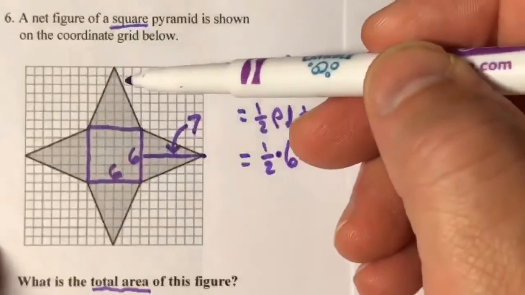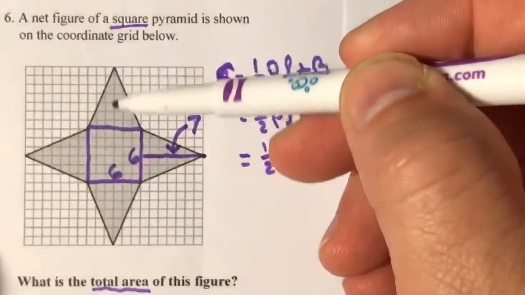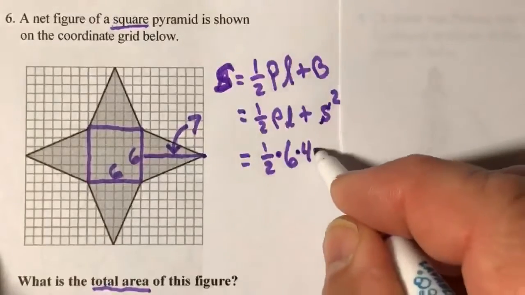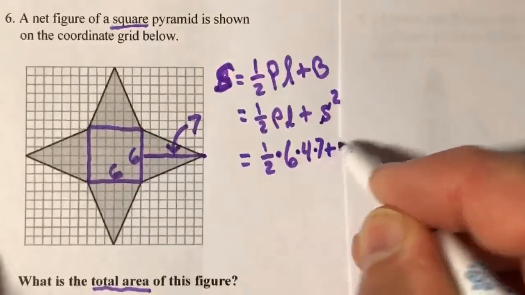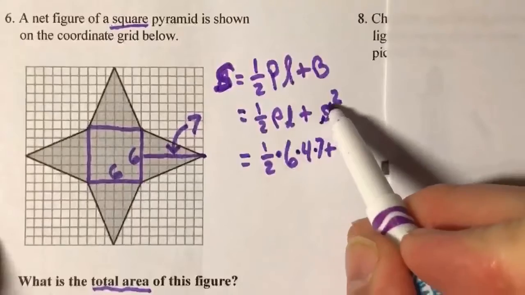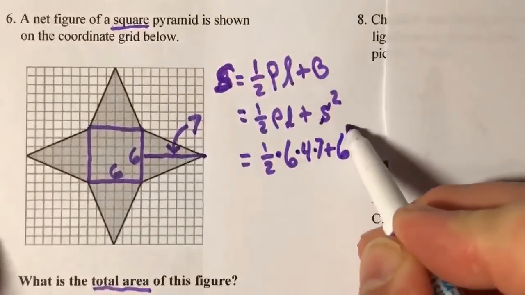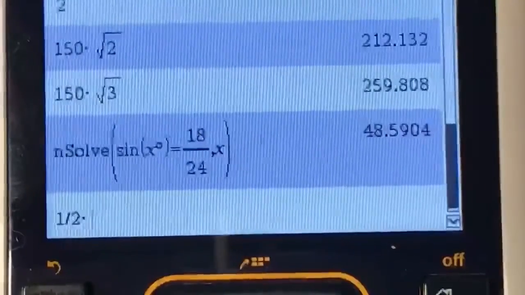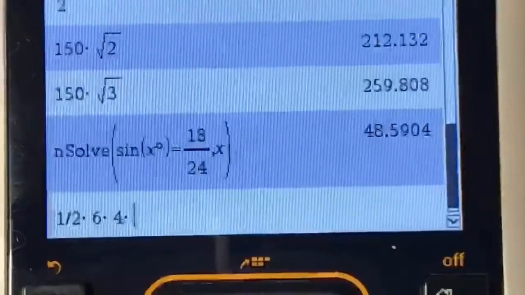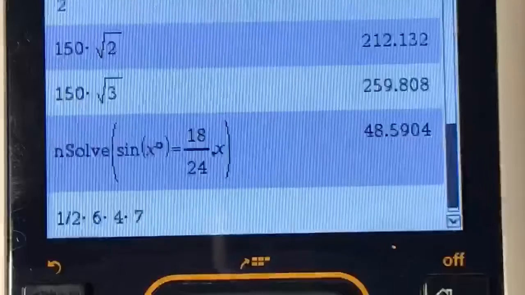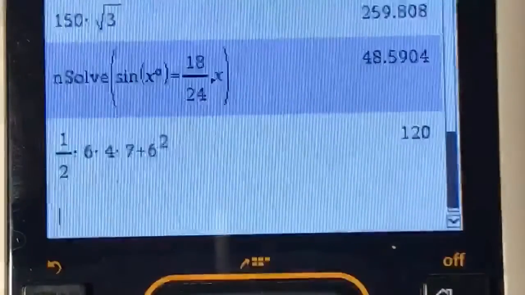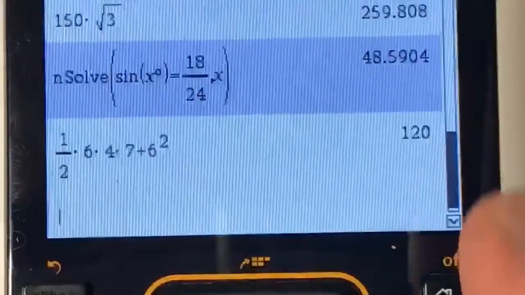Okay, this is a pyramid. They're all 7. Slant height of this pyramid, so I'm going to say times 7. Bring down the plus, and then replace S with 6. 1 divided by 2 times 6 times 4, okay, times 7, and then I want a plus. Area of the base, 6 squared.